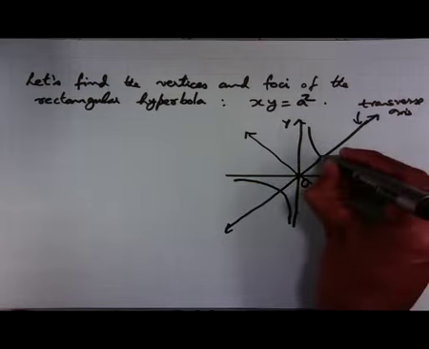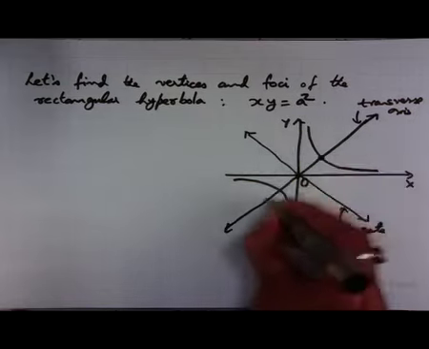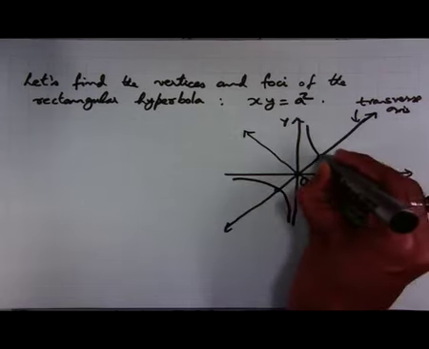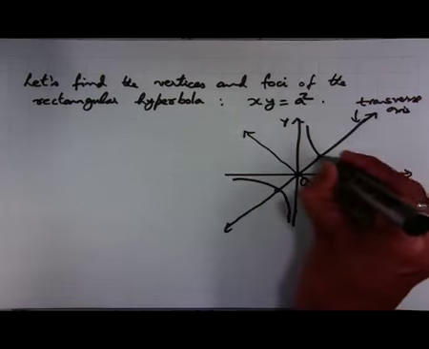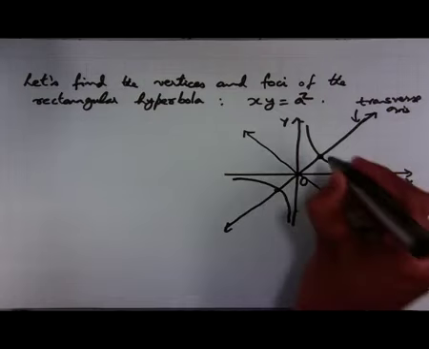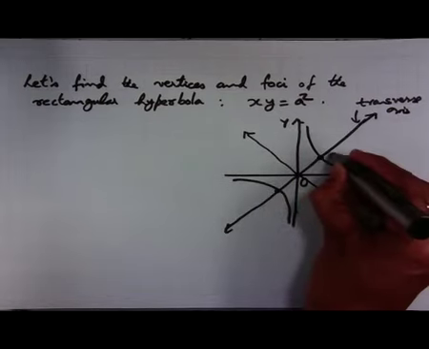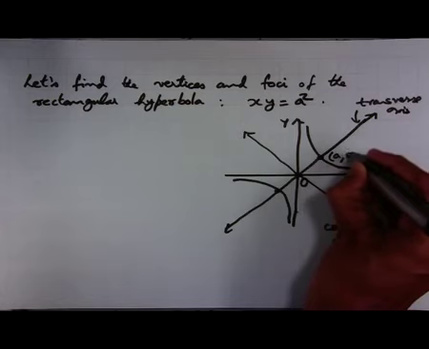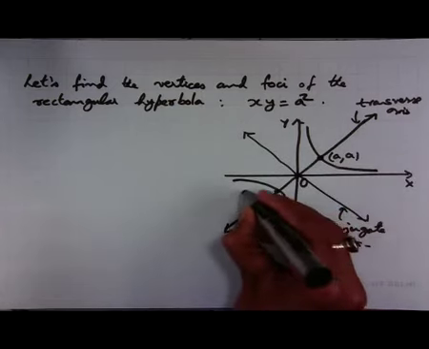The vertices, suppose the coordinate of this vertex is a comma a, then this vertex will be minus a comma minus a.